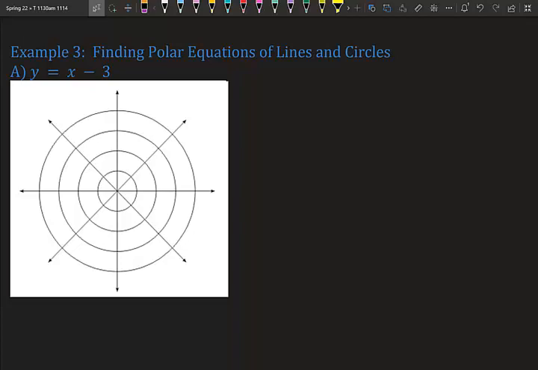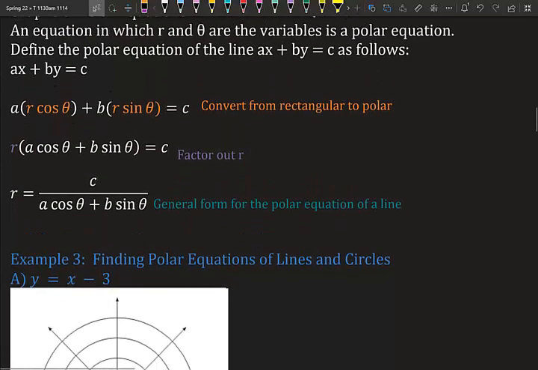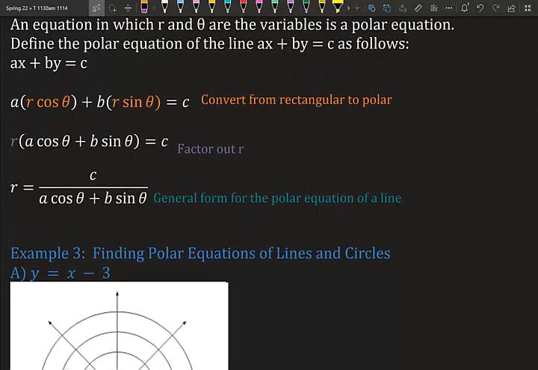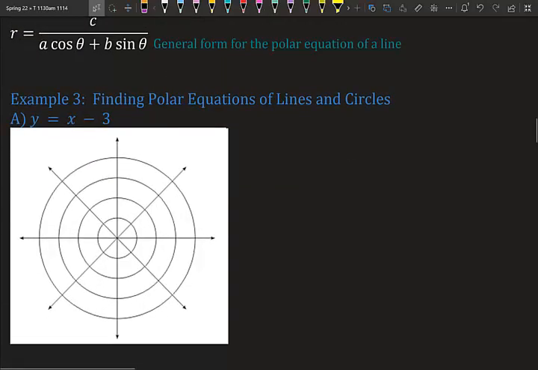So we have y equals x minus 3. The first thing we need to do is get it in the form ax plus by equals c. So we need to move it over. That means we have negative x plus y equals negative 3. Now that we know that, we need to switch them out.